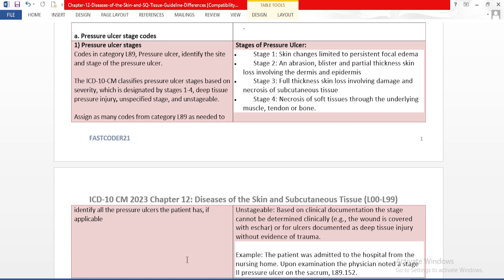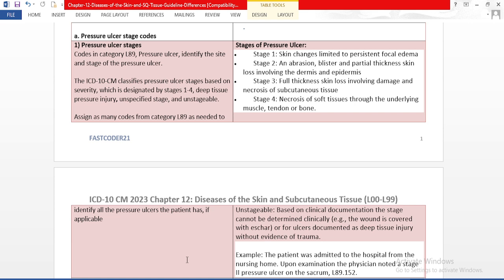Assign as many codes from category L89 as needed to identify all the pressure ulcers the patient has, if applicable. So in ICD-10-CM, we have the L89 pressure ulcer category to code pressure ulcers. The L89 series includes the site of the ulcer as well as the stage of the ulcer.